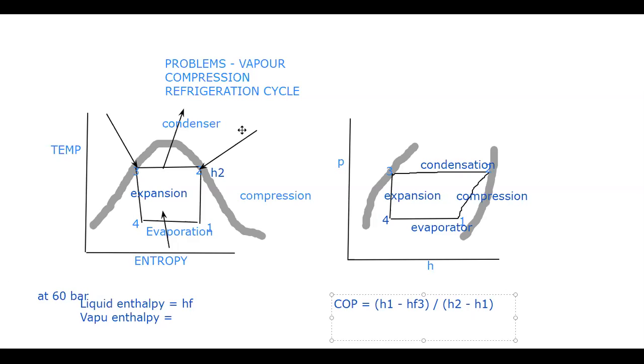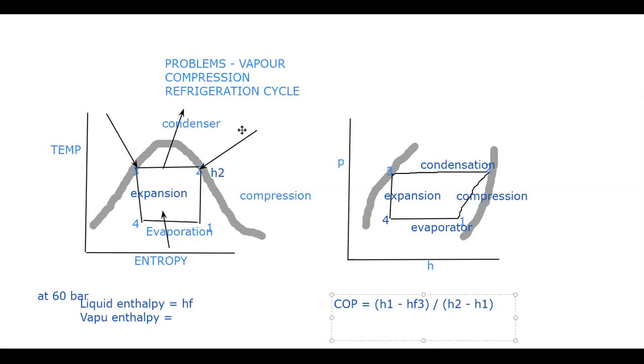But we don't know the X at point 1, right? For that purpose, we have to use one relation: entropy at point number 1 is equal to entropy at point number 2. Look at my problem in the Slack. I am writing here entropy at point 1 is equal to entropy at point 2.